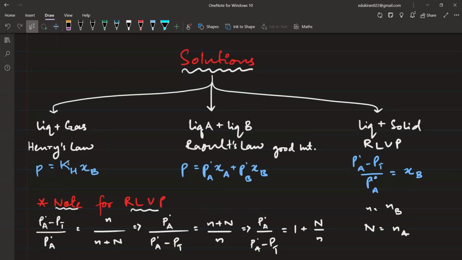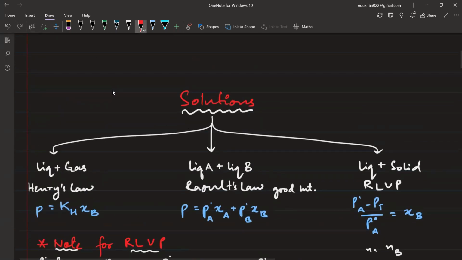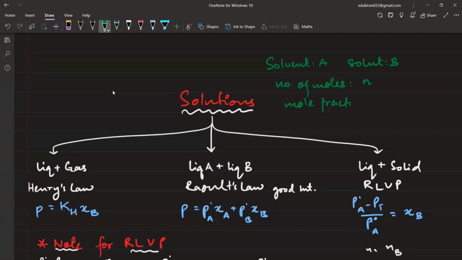Regarding solutions, one thing that I would like to repeat is that I will be denoting solvent as A, solute as B, number of moles as M, and mole fraction as chi.